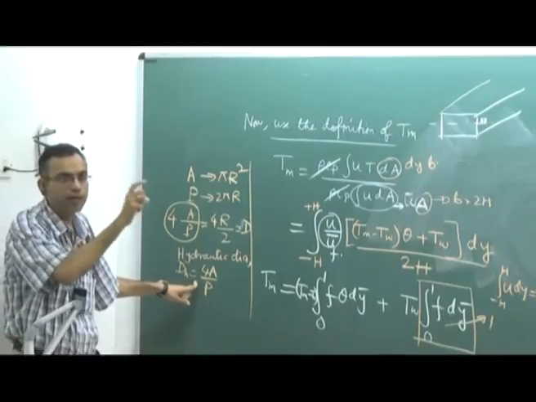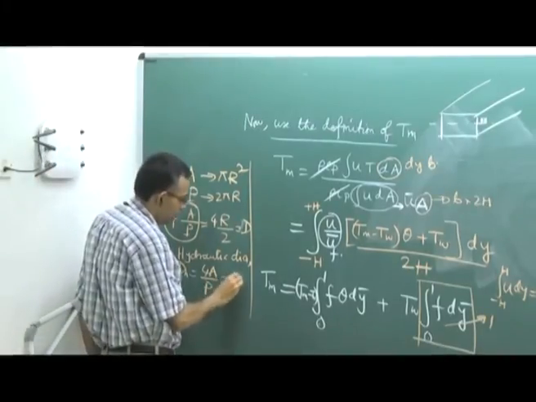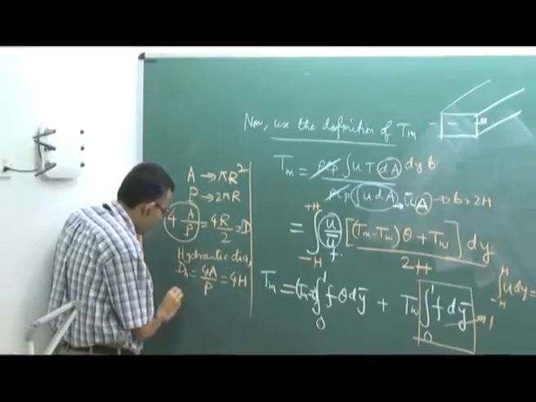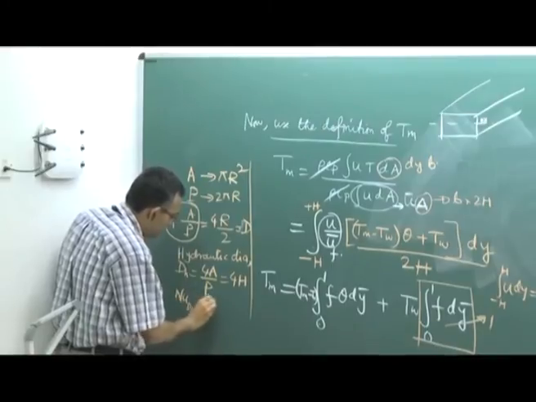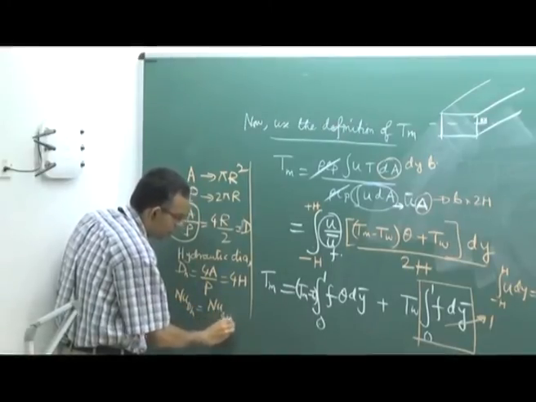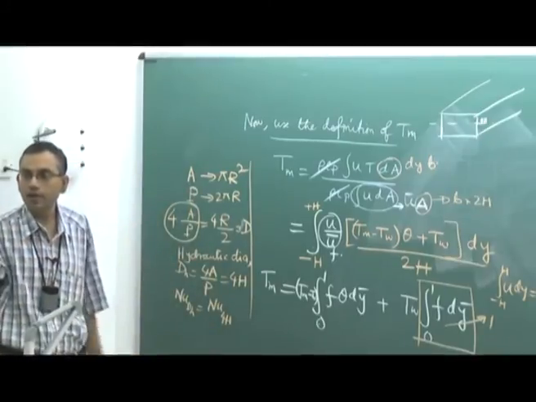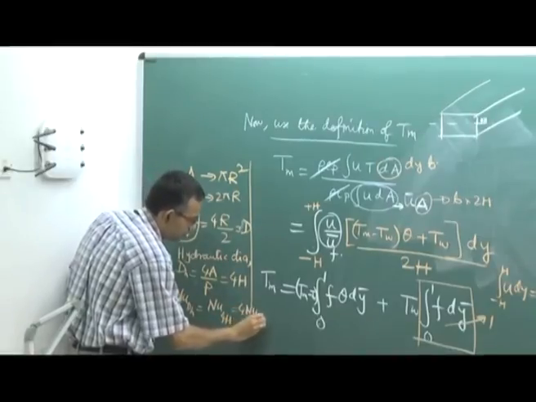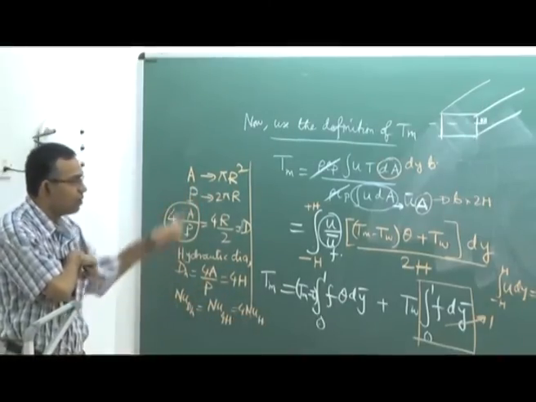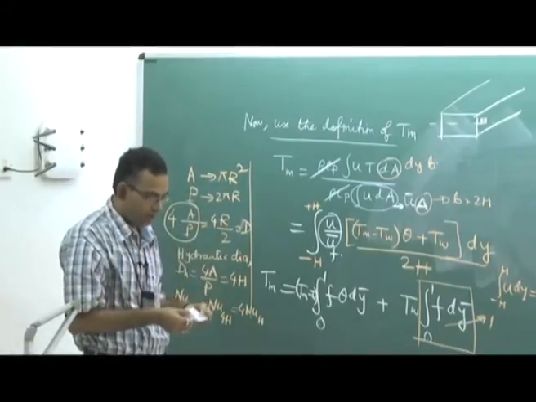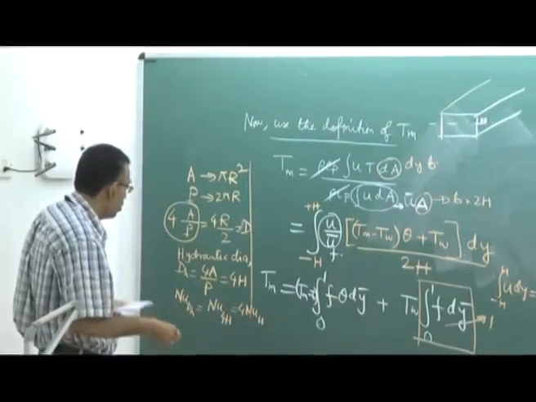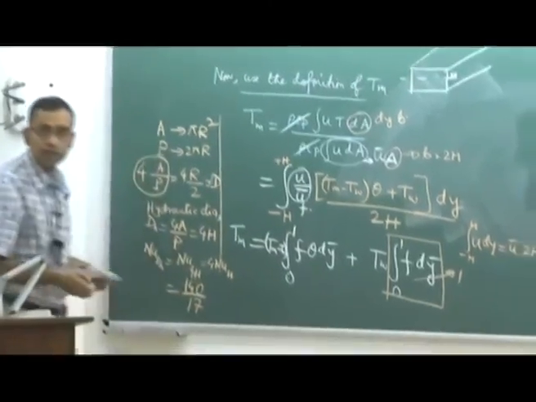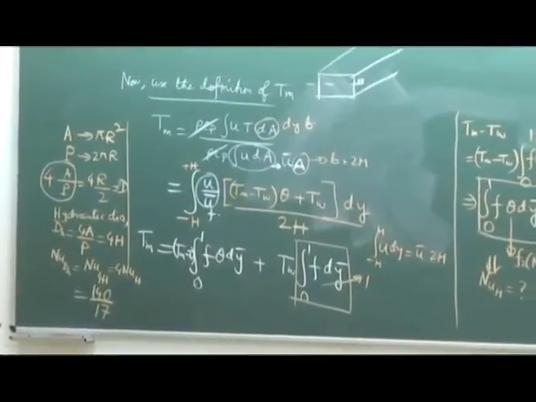So 4 area by perimeter is 4h. So the Nusselt number based on hydraulic diameter is the Nusselt number based on 4h, that is 4 times the Nusselt number based on h. If you evaluate it with all these numbers, I have given the outline, this value will come out to be 140 by 17. So this is your homework, 140 by 17.